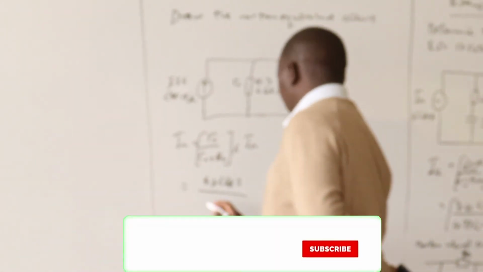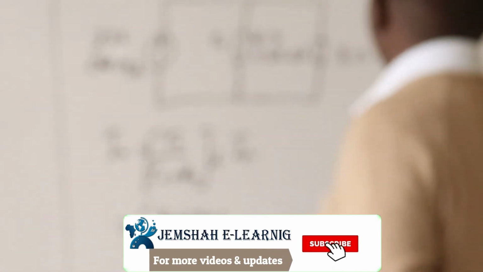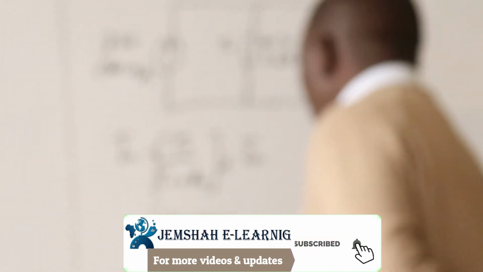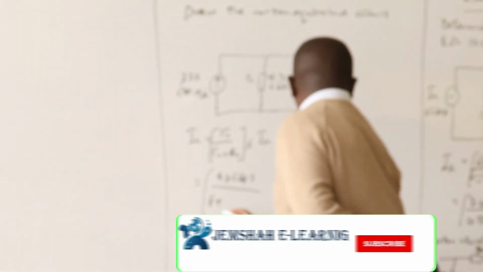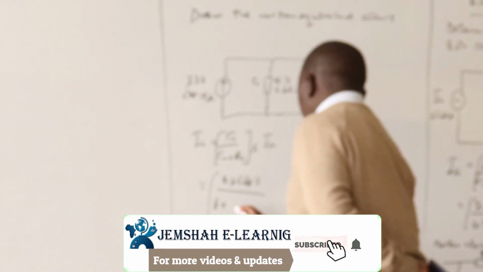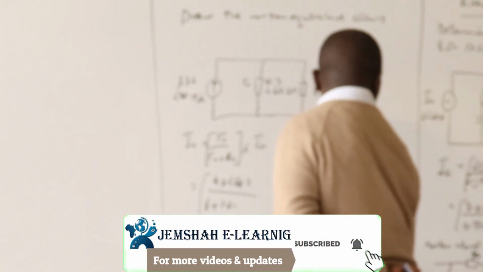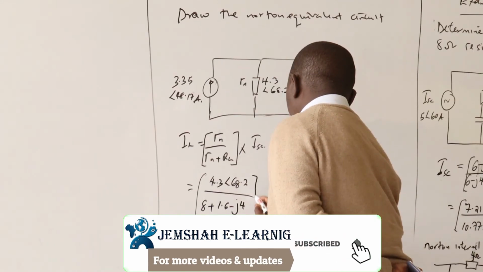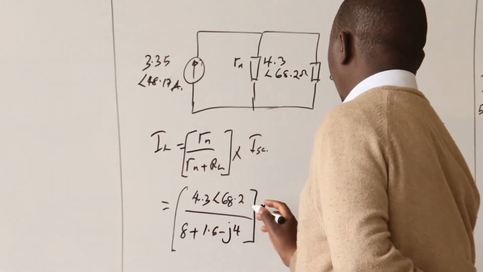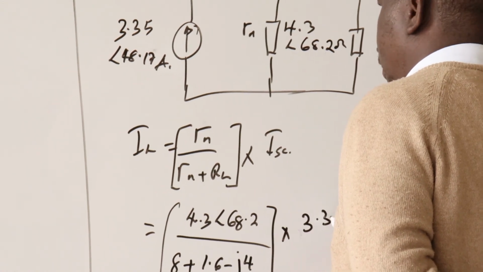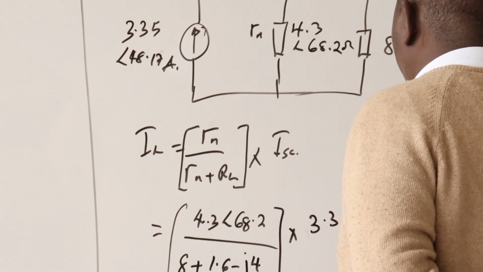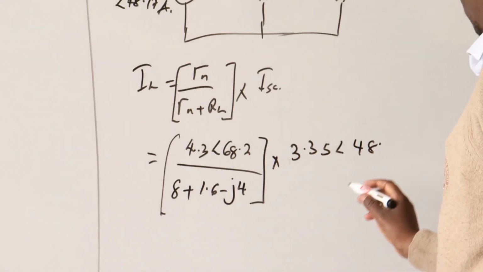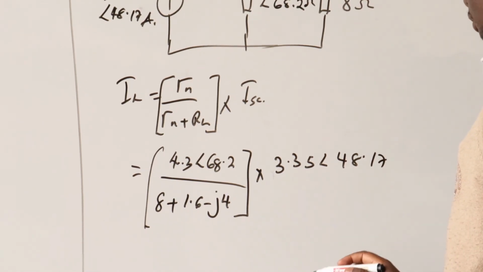Over the total resistance, that is Cartesian, 8 plus 1.6 minus j4, which is 9.6 minus j4. This we are going to multiply by the source current at 3.35, the angle is 48.17.